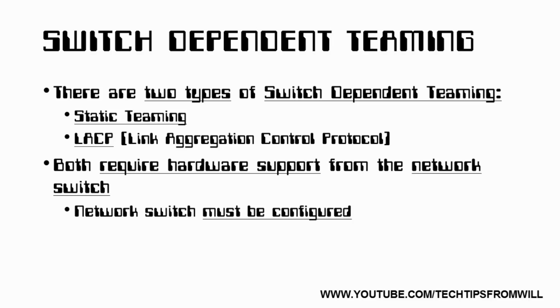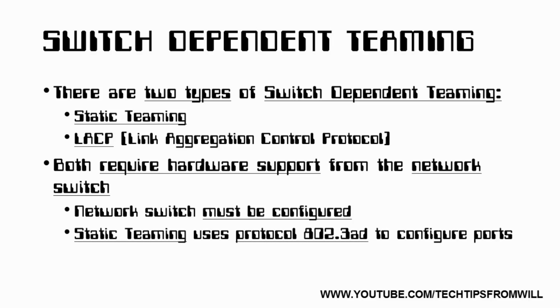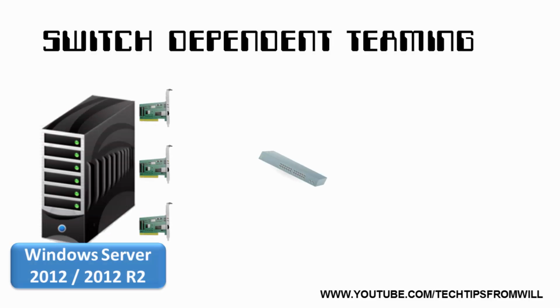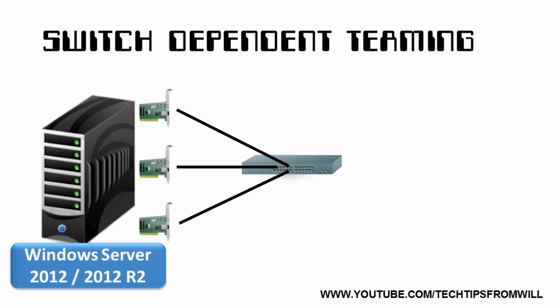Static teaming uses the protocol 802.3AD to nominate specific ports on the switch that can be used for NIC teaming. LACP does the same, except it uses the protocol 802.1AX. Unsurprisingly, this means 2 things. First, static teaming and LACP allow you to use just one network switch.